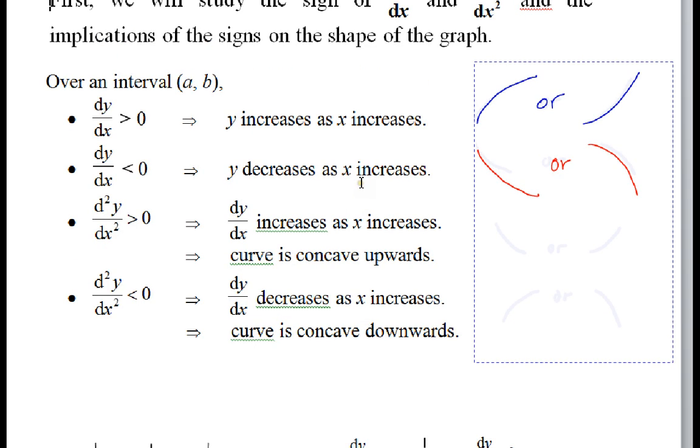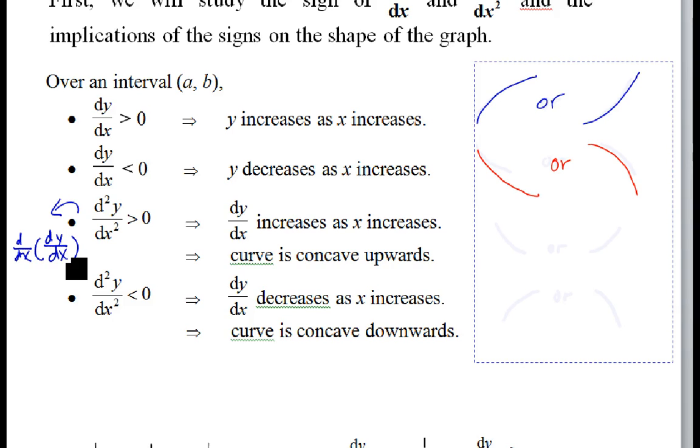Now, let's focus on what is d2y dx squared. We have learned what this is, but many of us didn't really realize what it actually means. This is actually d over dx of dy dx.